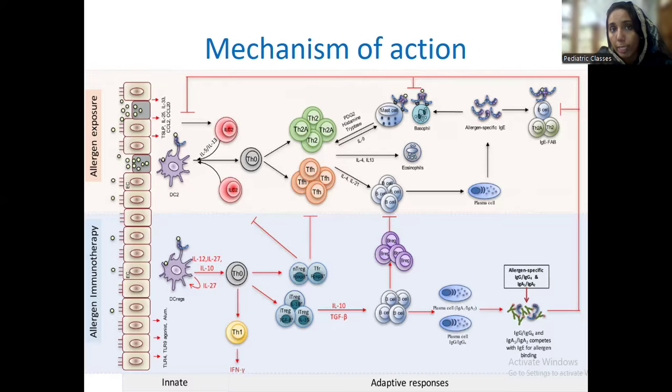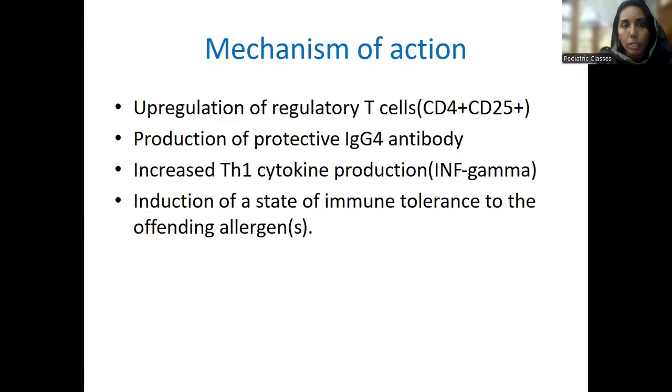IgG4 is a blocking antibody to IgE. Also there is lots of IgA. All these will compete with IgE for the allergen binding sites, thereby reducing the immune response. It also causes a shift from the Th2 pathway, that is the allergic pathway, to a Th1 pathway, and produces lots of interferon gamma also.